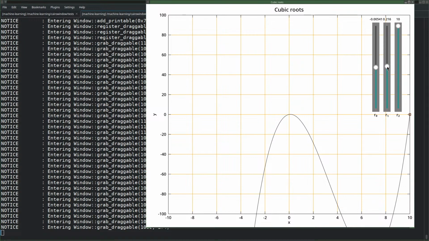That would be the jump point, I think. Why is it saying? Oh, never mind. Yeah, like that. I guess now it's negative.